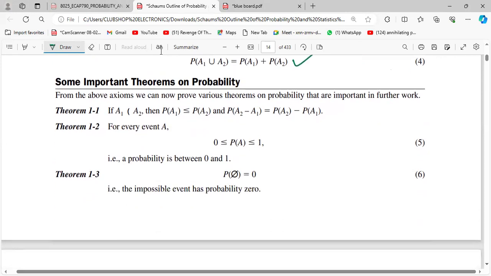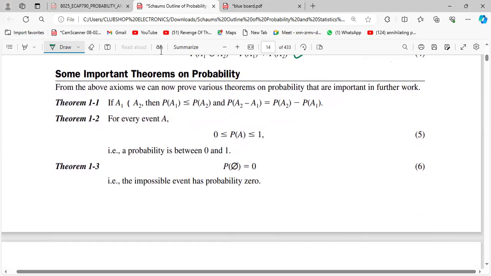Okay? So we go to some important theorems on probability, from the above axioms, the ones that we've already done. Theorem number 1.1, it means first chapter, first theorem. So if A1 is a subset of A2, it means A1 is contained in A2.